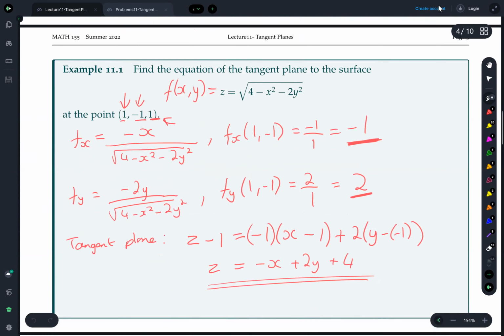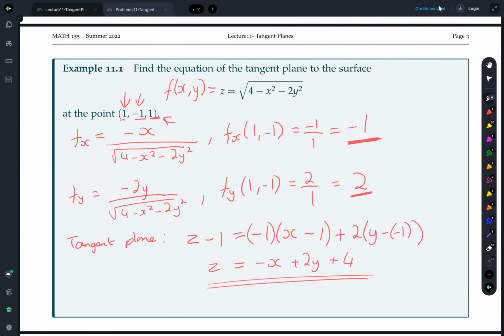Okay, so this is an example of how we would do that. So we've got some function here, z is equal to some combination of x's and y's. We call that our function f of x, y. We first of all work out our partial derivatives, f subscript x and f subscript y. And we want to know the tangent plane to this surface at a particular point, 1, minus 1, 1.